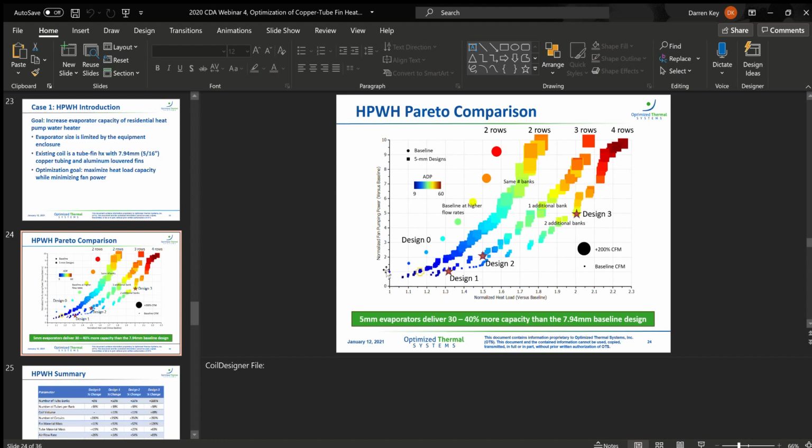So that was selected because it has the same fan pumping power, but has a little bit higher capacity, I think about 16% higher capacity than the baseline. So again, design 0 will come into play during Yorum's cost model.